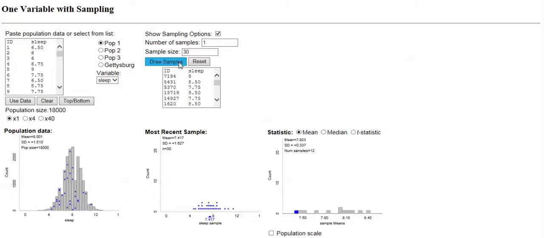And every once in a while, I'll get a sample mean that's above the population mean. For example, this group of people here had 30 people toward the high end of the population, with a lot of people who were getting more sleep, which is why their sample mean ended up being a higher number up here. Since the sample included a lot more well-rested people, their sample mean ended up above the population mean.